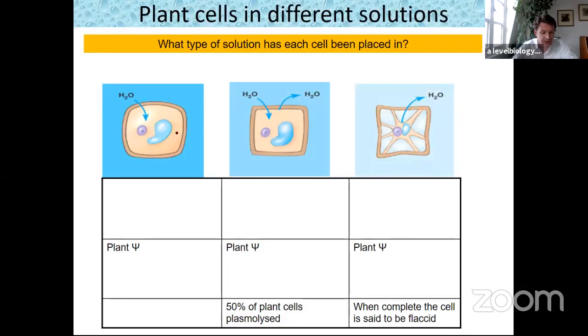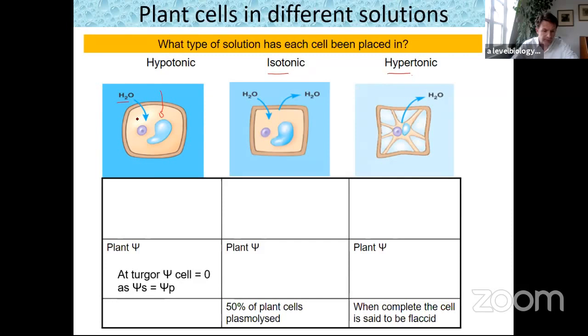So here's some plant cells. We're putting this plant cell into a hypotonic solution, so water is moving in. This one's in an isotonic solution, so there's no net movement. And this one is in a hypertonic solution, so the water has moved out.